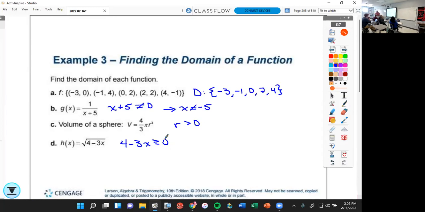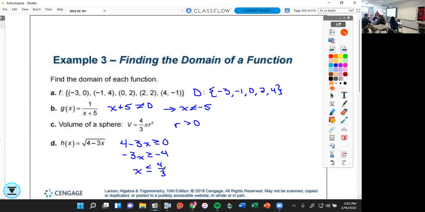Just subtract 4 from both sides. Negative 3x is greater than or equal to negative 4. Next step, divide by -3, which means you flip the sign. So dividing everything by -3 gives me x is less than or equal to 4/3.